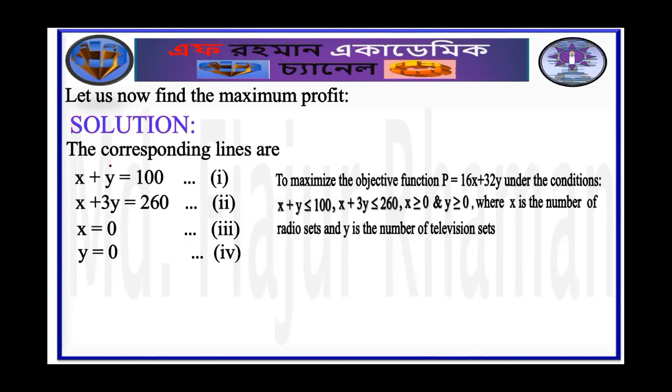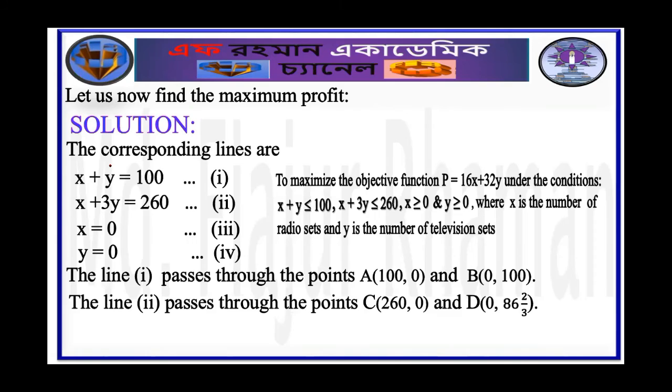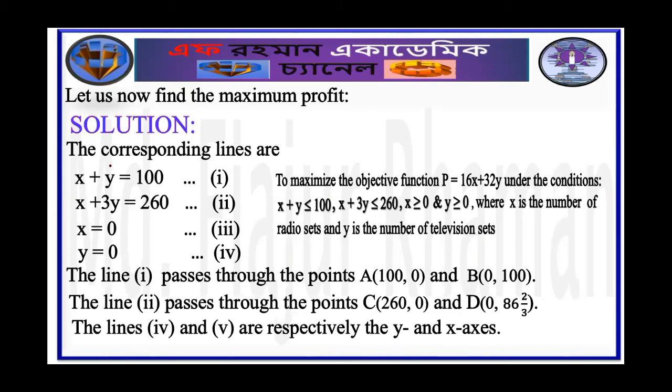Similarly, find two points on line 2. Line 1 passes through the points A (100, 0) and B (0, 100), and line 2 passes through the points C (260, 0) and D (0, 86 and 2/3). Lines 3 and 4 are respectively the y-axis and x-axis.